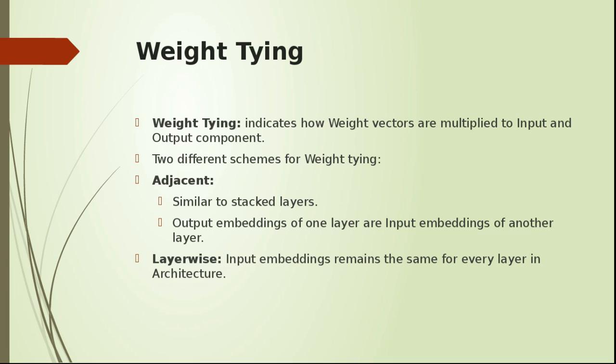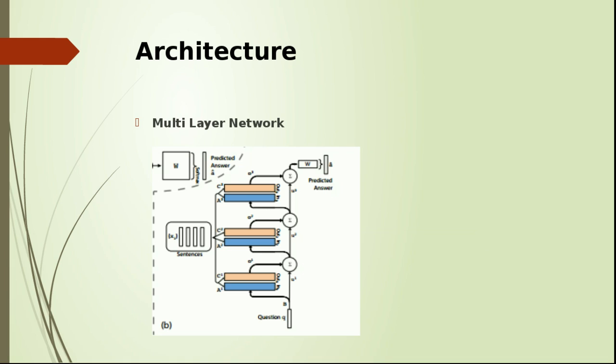So it's like a hierarchical structure. Layer wise weight tying means you pass the same weights to every layer. For example, here A and C being passed to every layer are the same. So this is an example of layer wise weight tying.